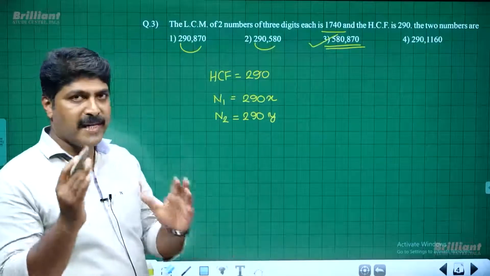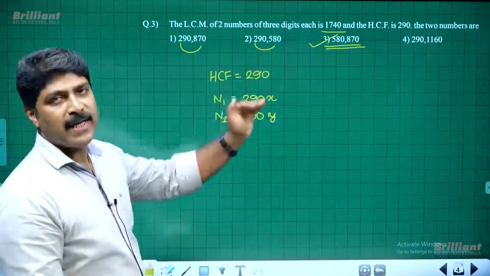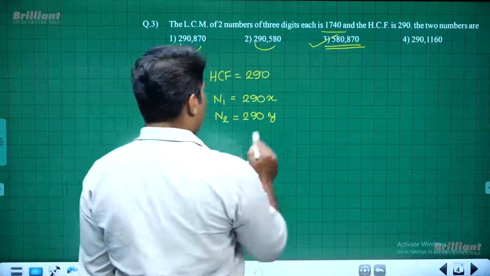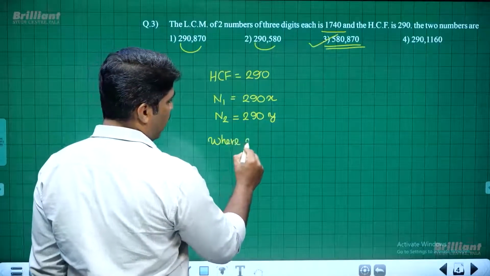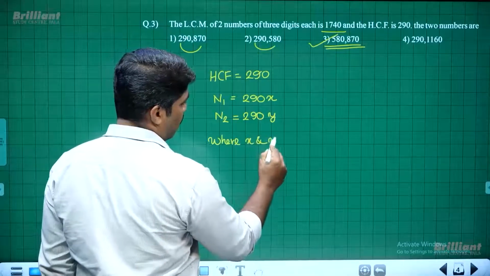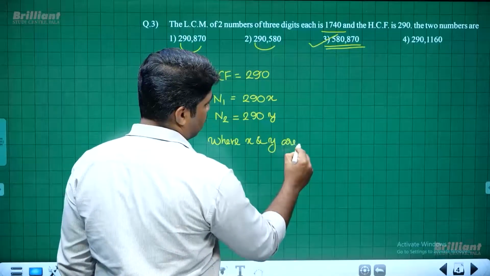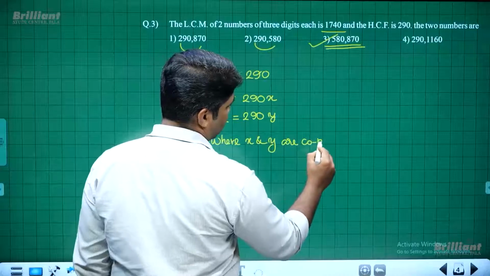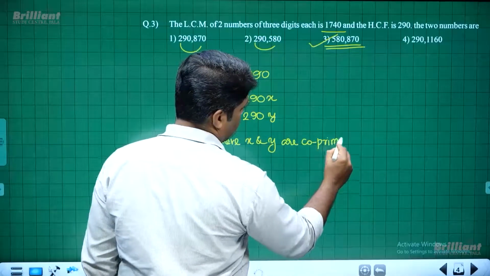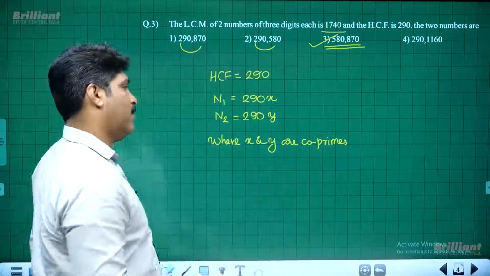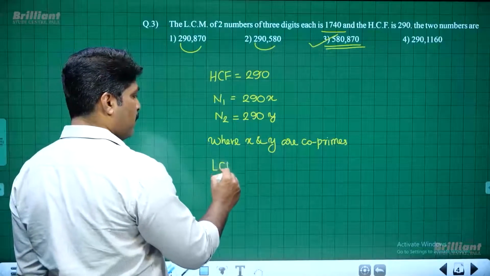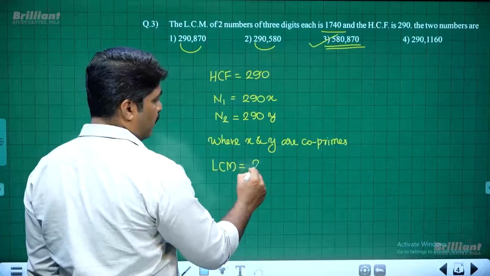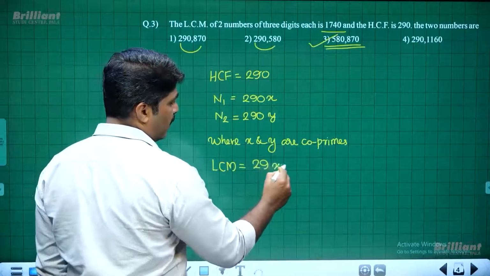So this is a way to express a given number with respect to their HCF. Here x and y are coprimes. Got it? x and y are coprimes. Here, how can we find out the LCM? So LCM, that is 290xy.